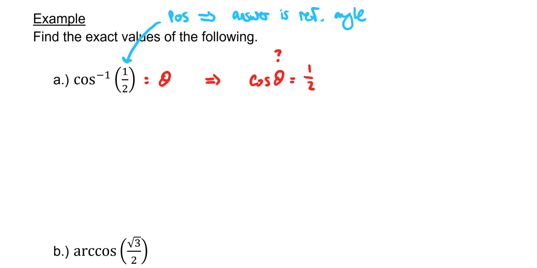Thinking backwards a little bit, we know that cosine of pi over 3 equals 1/2. And then we're just done, because that means pi over 3 is the answer. So cosine inverse of 1/2 is pi over 3 because cosine of pi over 3 equals 1/2.